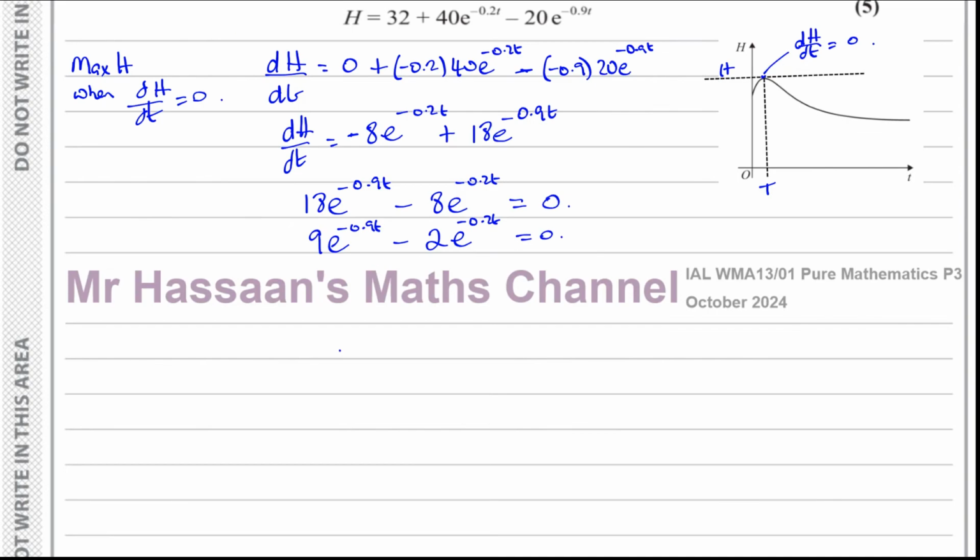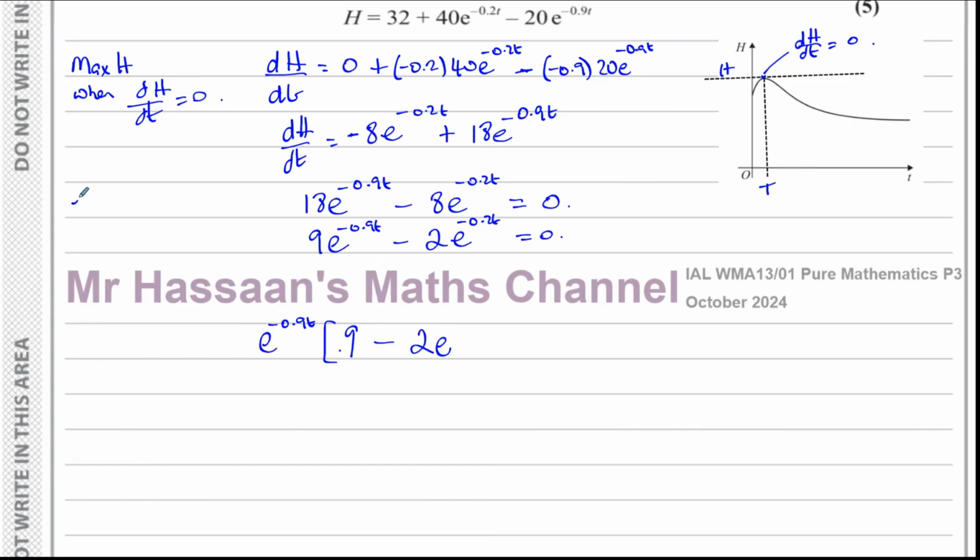So I'm going to take out e to the power of negative 0.9t as a common factor. There are other ways we can do this, and I'll show you how to do that later as well. So here I'm going to have 9, minus, and then I need a 2. And then I need to end up with e to the power of negative 0.2t when I multiply these together. So I have to have e to the power of something.